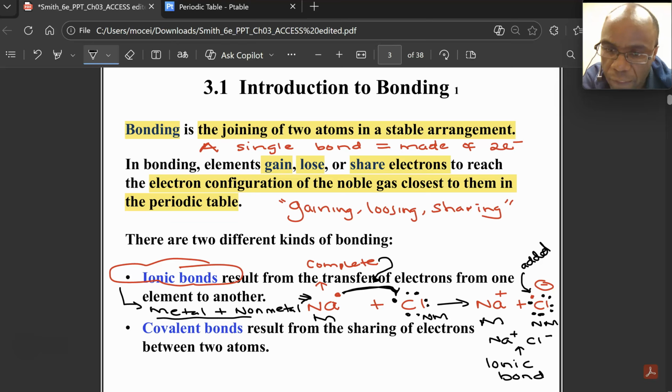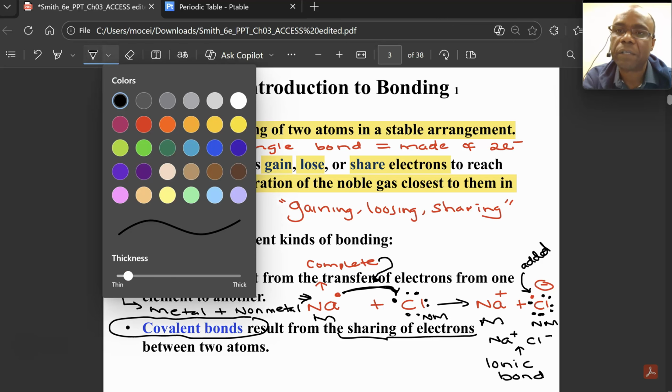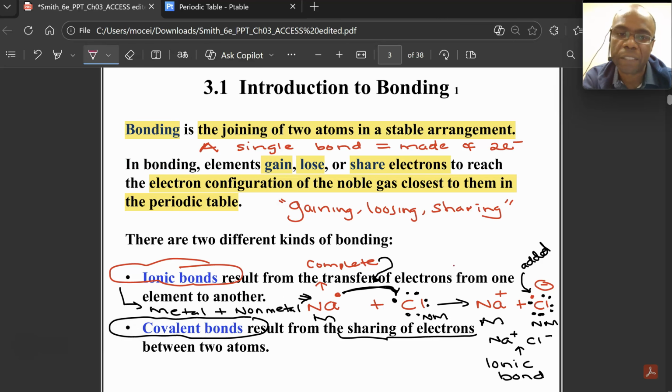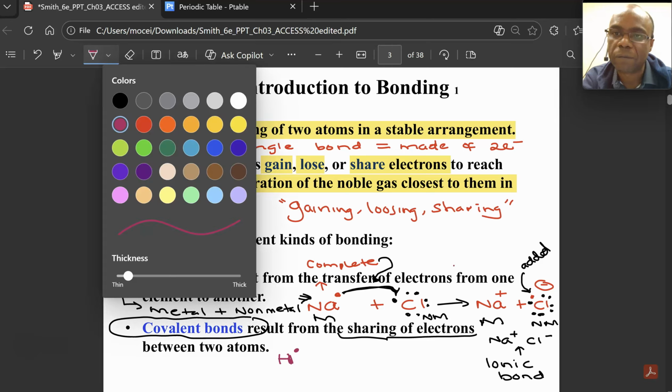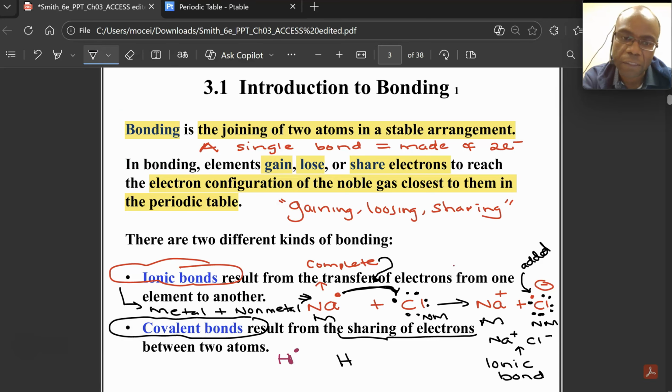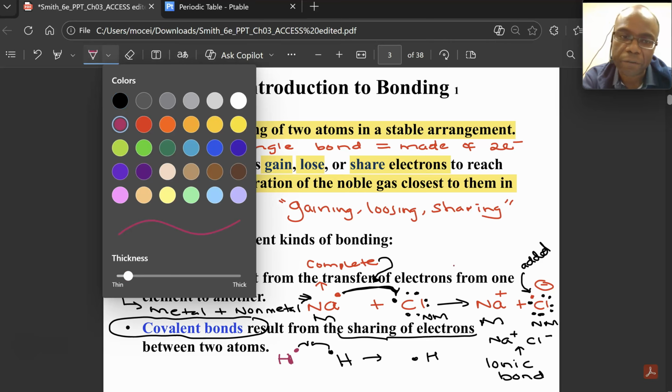A covalent bond, on the other hand, results from sharing of electrons. They could be equal sharing, or it's just one element giving all the electrons. Suppose you have a hydrogen atom with one valence electron, and another hydrogen with one valence electron. When these guys share, what we will get is hydrogen gas.